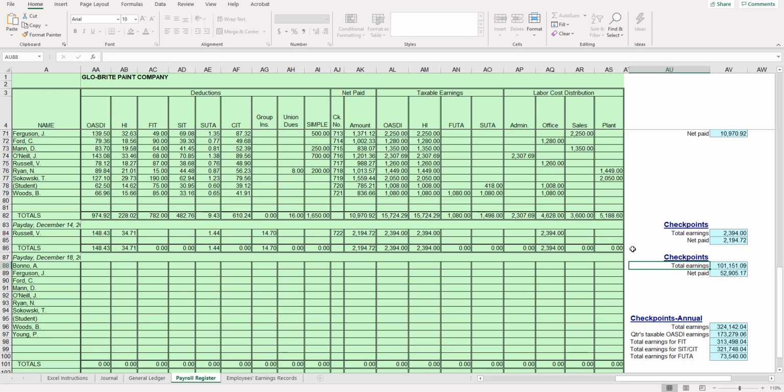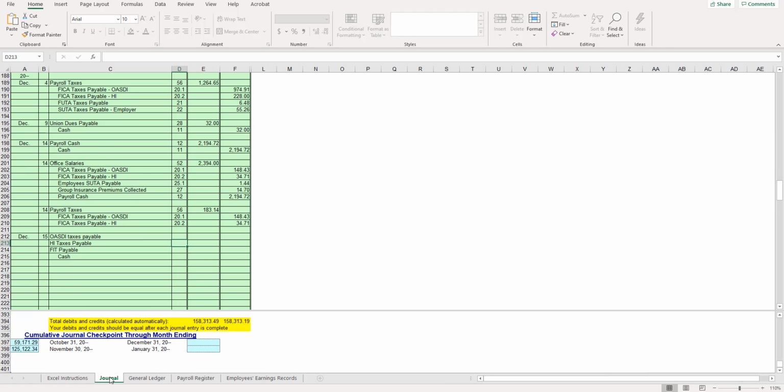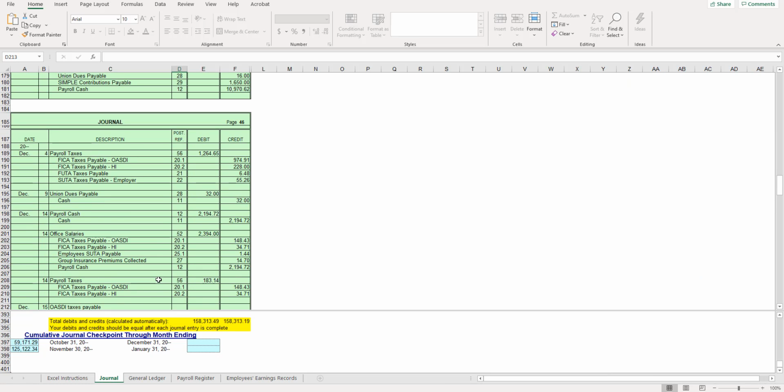This next checkpoint you have not hit yet, so please go ahead and use this checkpoint after that December 14th payroll. After you completed the payroll, you are to go over to the journal. For that December 14th payroll, you need to have the transaction to transfer the net pay over to your payroll account. And then you needed to have your journal entry that recorded your payroll expense, your salaries expense.